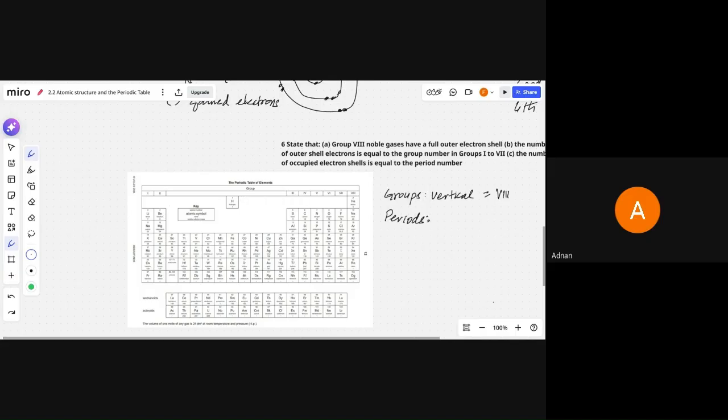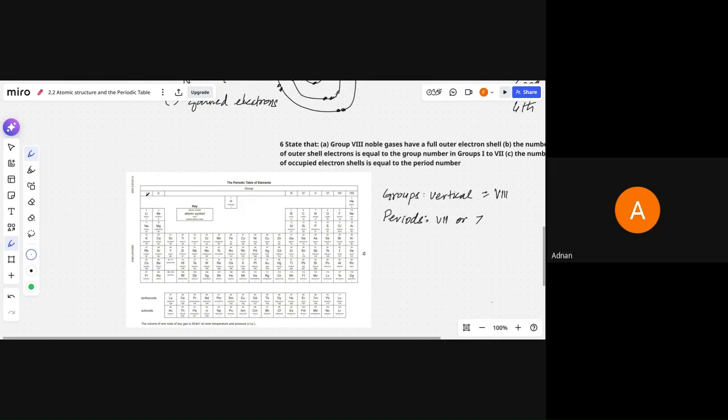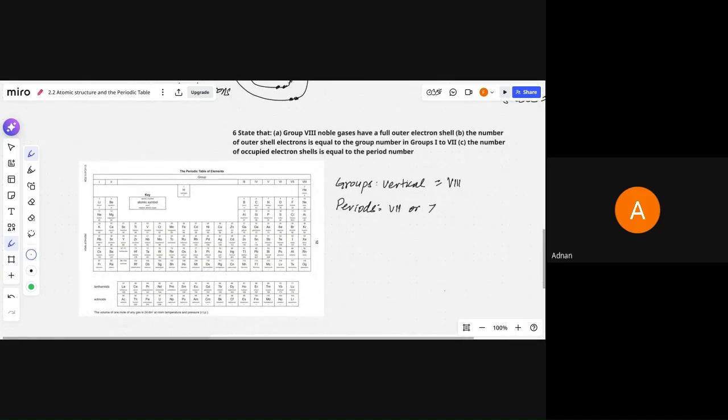You should remember this, it is very important: 8 groups and 7 periods. The group number tells us the number of outer shell electrons. For example, lithium is in group 1, which means it has only 1 electron in its outer shell.